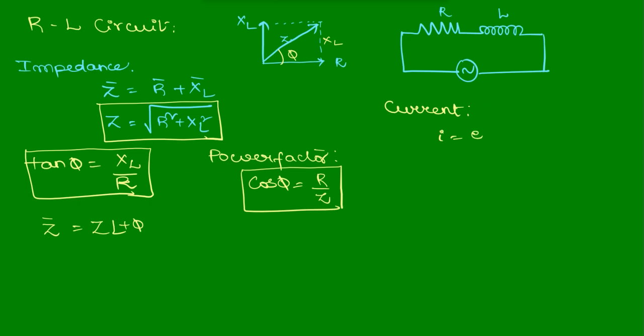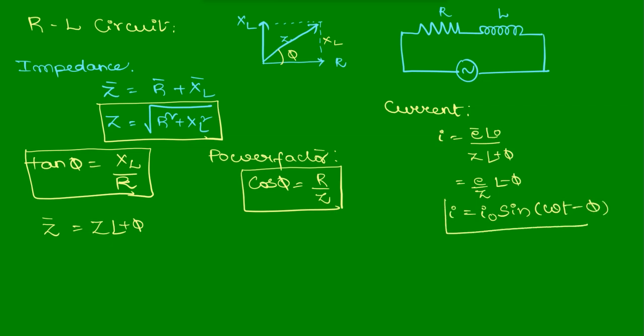Current I will be equal to E naught by Z at plus phi, or this will be equal to E by Z at minus phi, which we can write like this: I naught sine omega t minus phi. This is the I value. So current lags voltage by an angle phi.